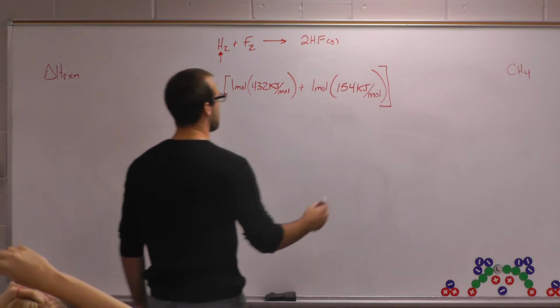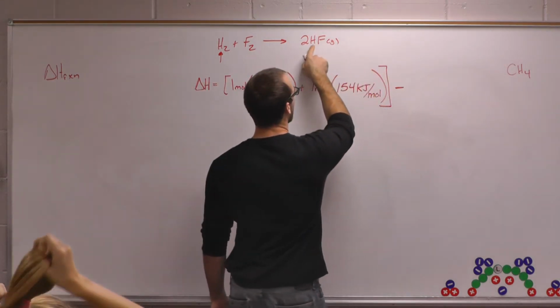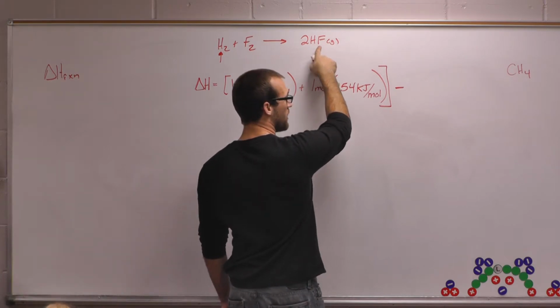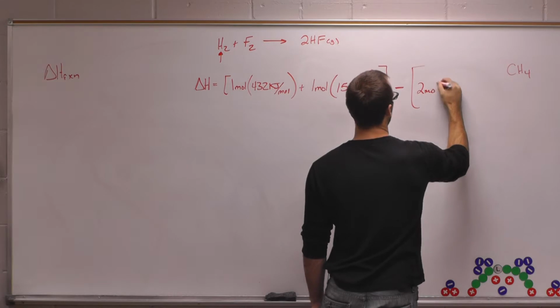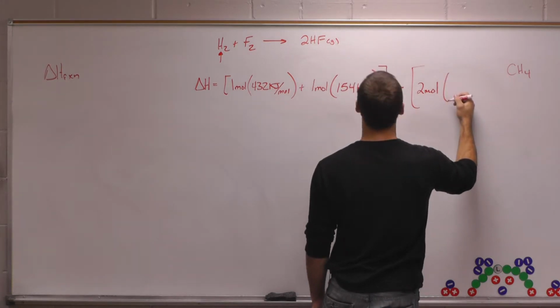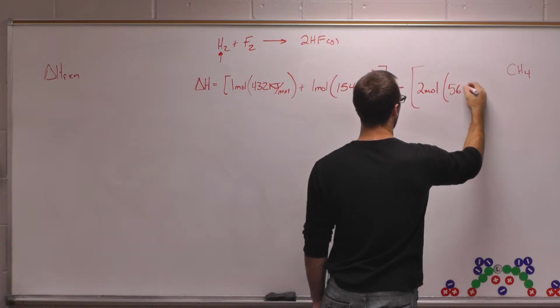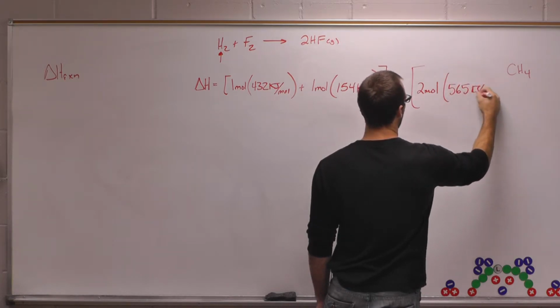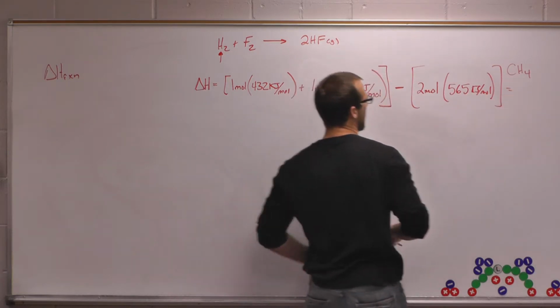Okay, minus, then, each of the HFs has one HF bond, but I have two of them. And what is the HF, like 400 something? 565. Yeah, it's probably already got an answer here.